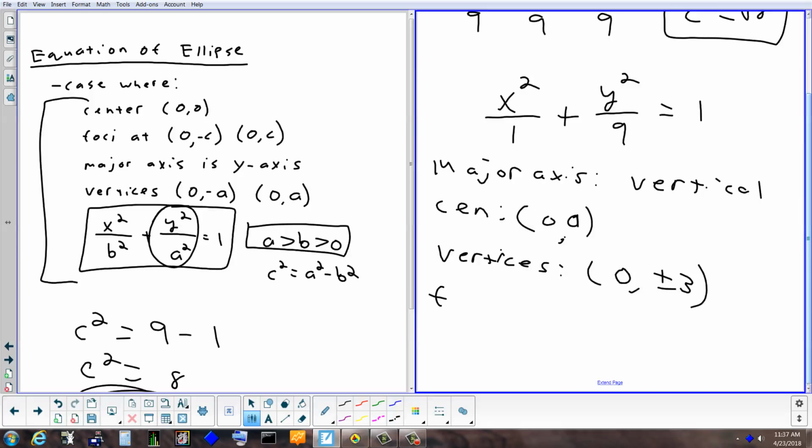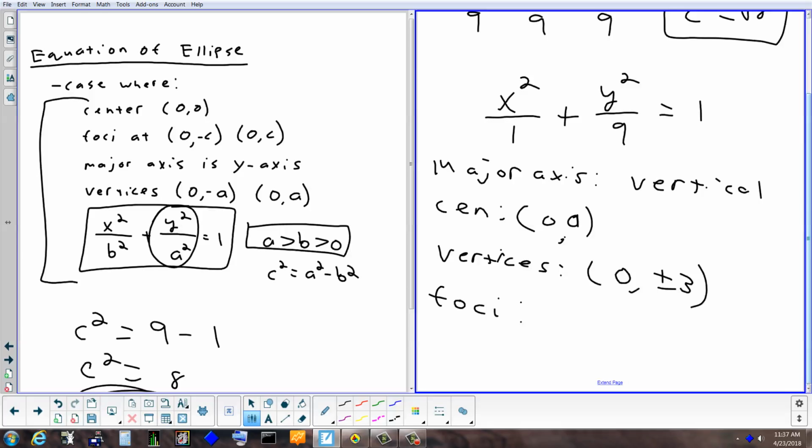Just give me 20 seconds. And the foci. What letter tells us something about the foci? C. They're going to be above and below, just like the vertices. C units above.